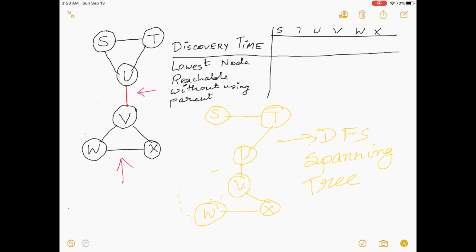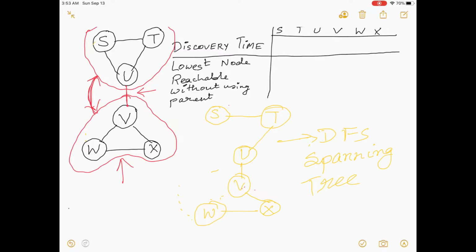We can see that the edge UV is a bridge, and what makes this one a bridge is that when the bridge is removed, we have two disconnected components, and they are not connected to each other. That is what makes that edge a bridge.